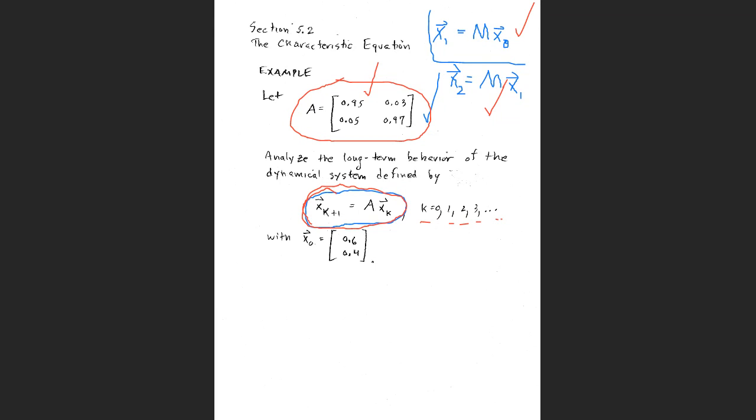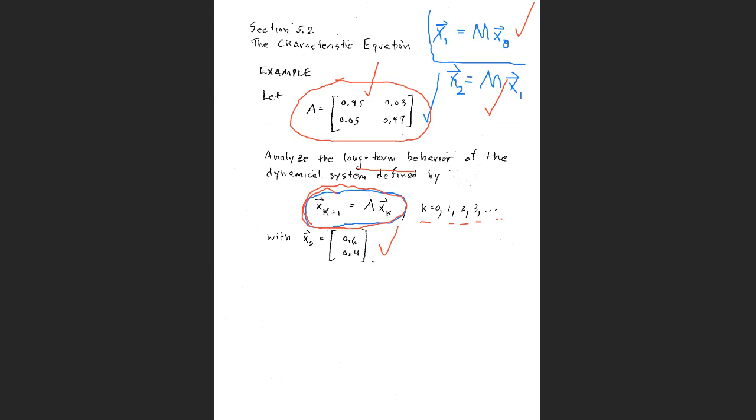So, initially, let's say that we start out with 60% of people living in the city and 40% of people living in the suburbs. Well, we want to analyze the long-term behavior.